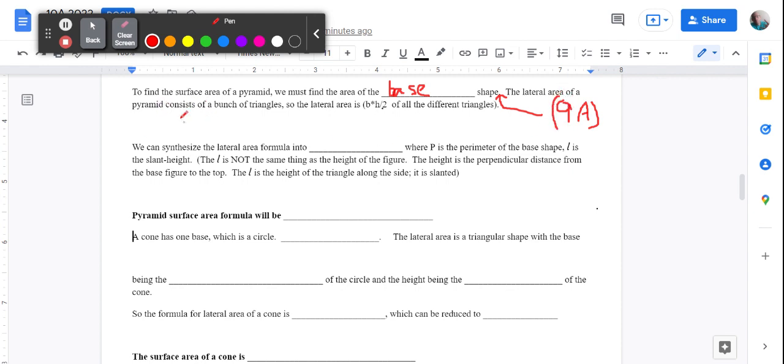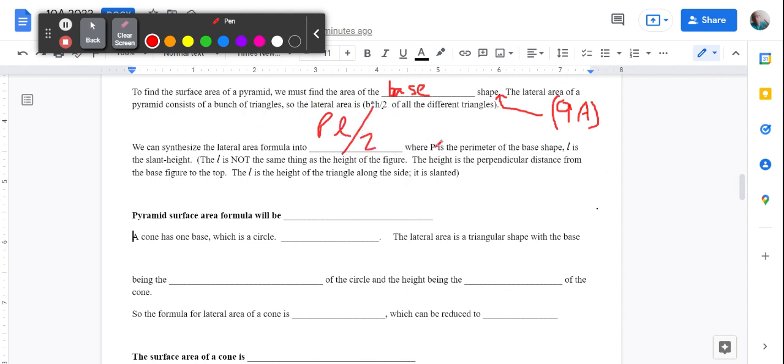The lateral area consists of a bunch of triangles. So the lateral area is base times height divided by 2 of all the different triangles. However, instead of doing base times height divided by 2 for all these different triangles, we can synthesize the lateral area formula into the perimeter of the base times the slant height divided by 2.